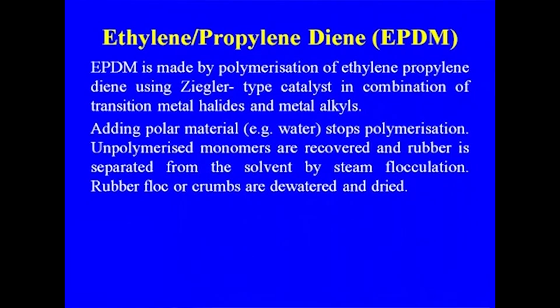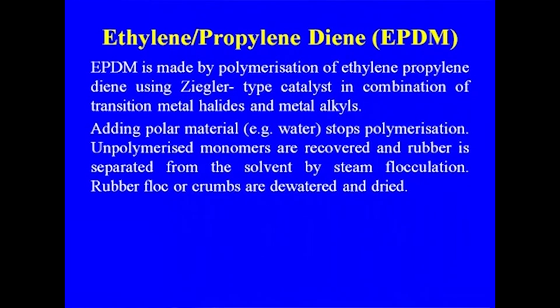The ethylene propylene rubber is made by polymerization of the ethylene propylene diene using Ziegler type catalyst, in combination of the transition metal halides and the metal alkyls.